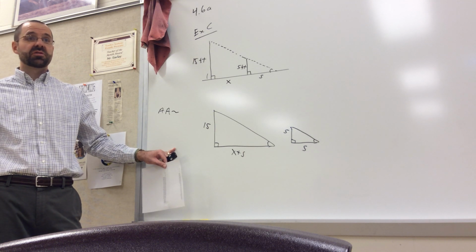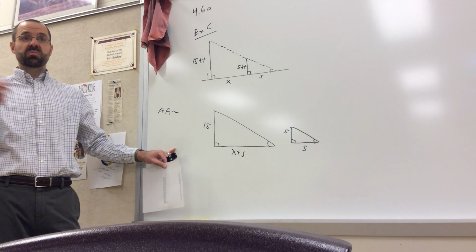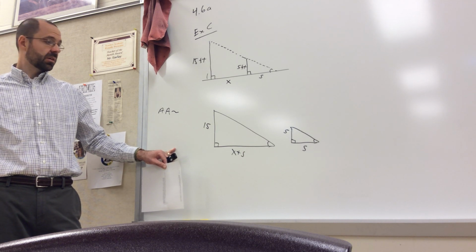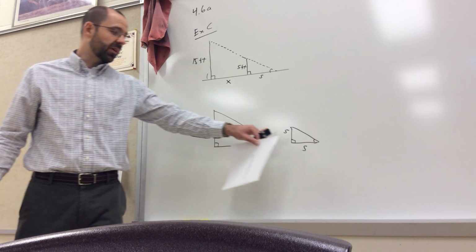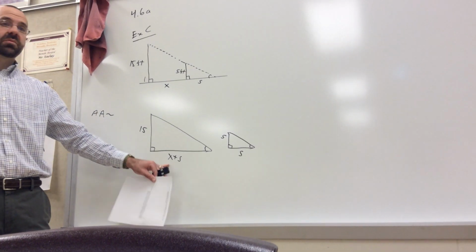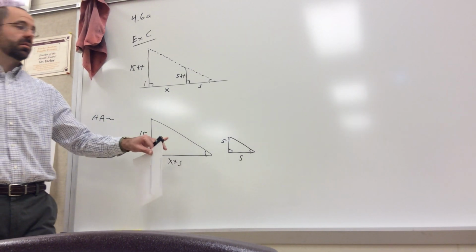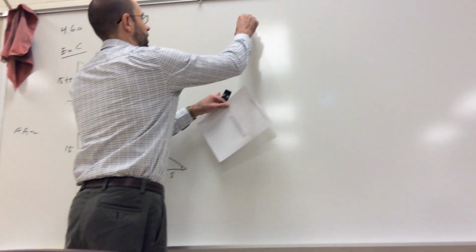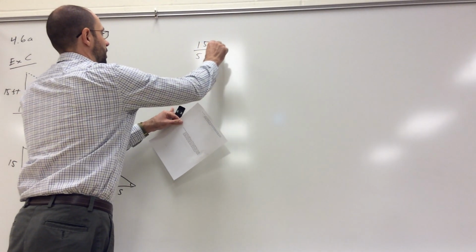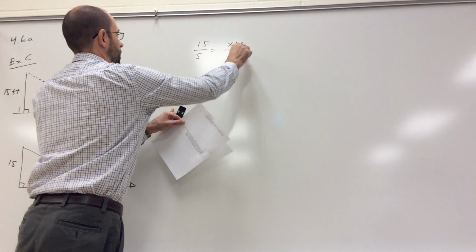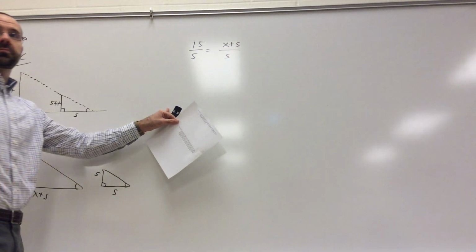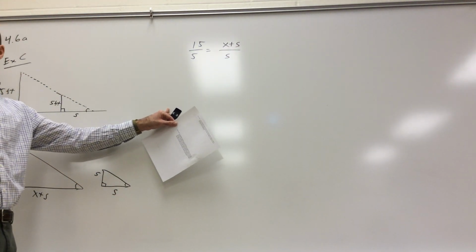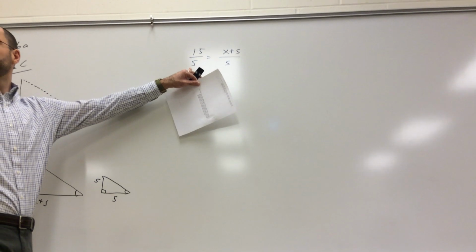Okay, so since the triangles are similar, we can set up proportions with the sides. So 15 over 5 equals x plus s over s. So this is a 5.